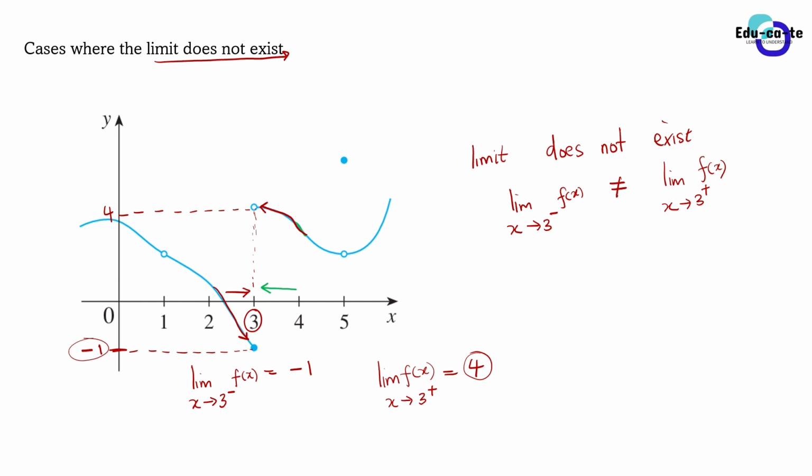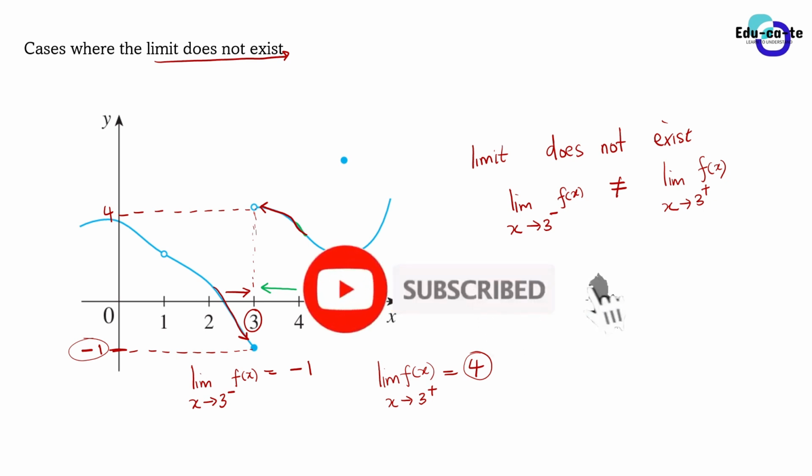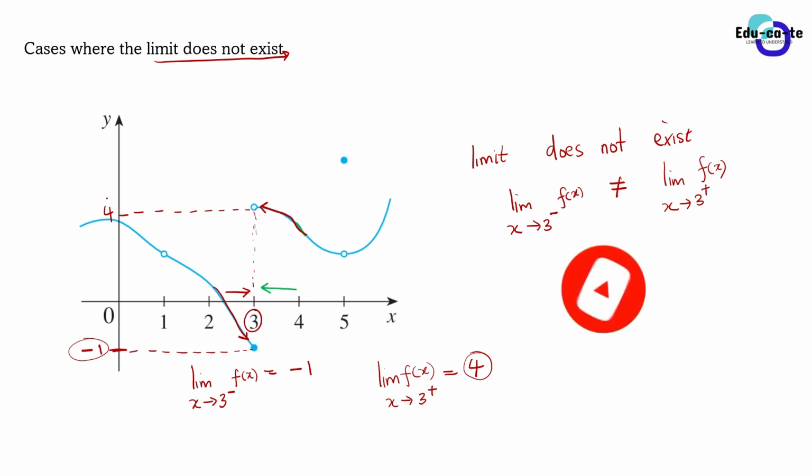Remember, the limit is just the y value that we approach as x approaches a certain value. In this case, as x approaches 3 from the right, we approach +4. From the left, we approach -1, approximately. So here the limit does not exist because we are approaching two different values. So it is possible for your limit to not exist.